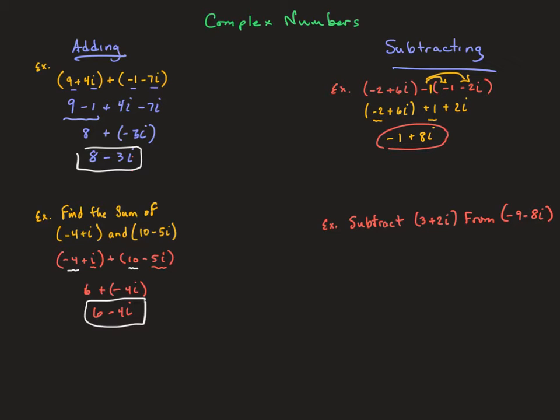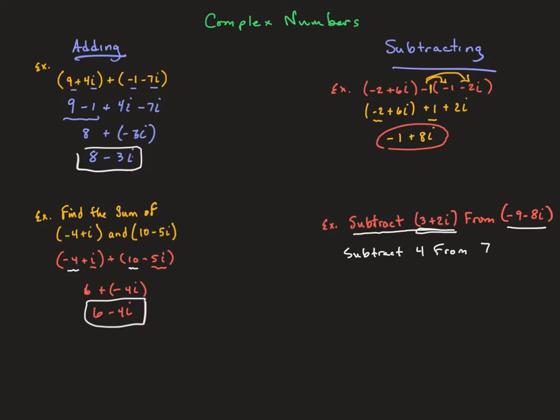Now, when dealing with words, sometimes we need to make sure that we reorder it right. In this next example, I am going to subtract this complex number from this complex number.